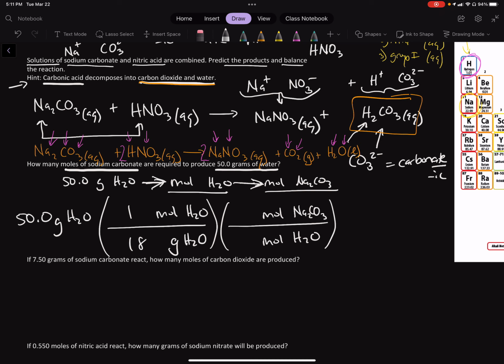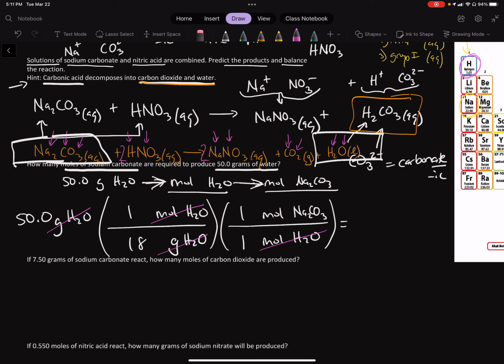Now, in terms of what numbers, we look at our balanced chemical equation. For every 1 mole of sodium carbonate that reacts, we make 1 mole of water. So it's just a 1-to-1 ratio. Mathematically, it's trivial because, on your calculator, some number multiplied by 1 times 1 is just that same number. But it's really important anytime you have to show your work to show that step, because it's really showing how we convert our units.